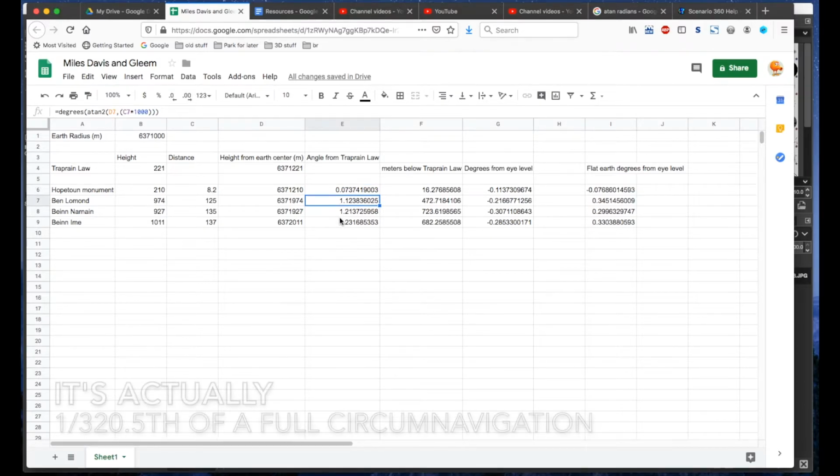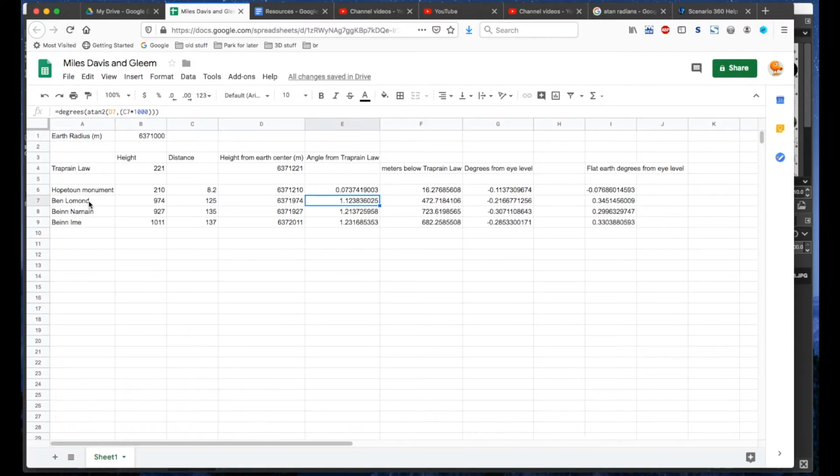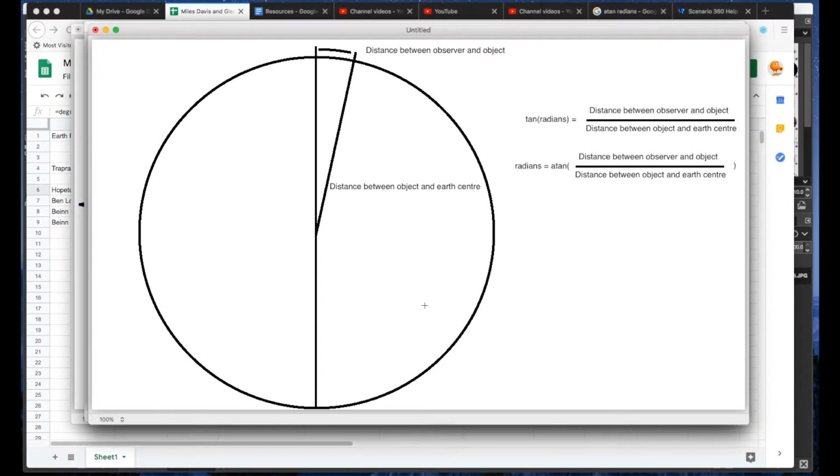And 1/360th of the Earth's entire circumference would equal roughly the distance between Traprain Law and Ben Lomond, for example. So now we have this angle calculated.